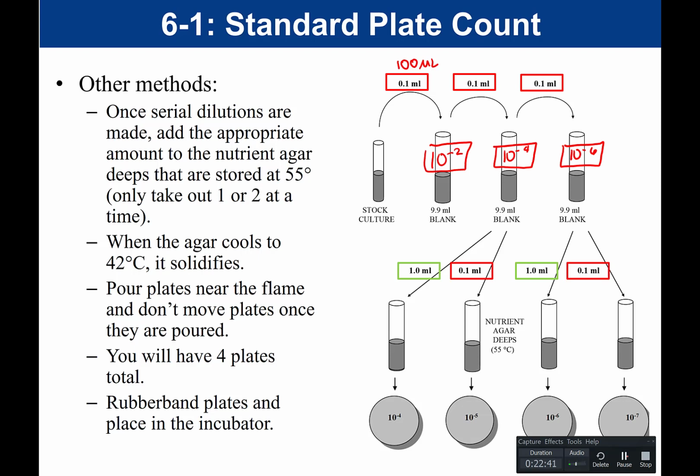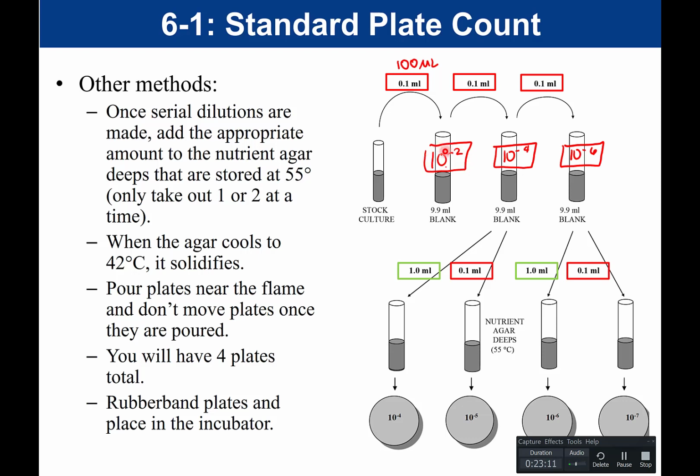We would vortex to mix the stock culture, and then we would use our micropipettor to transfer 100 microliters into a blank that contains 9.9 milliliters of water. Remember that that's going to make the dilution in that tube 10 to the negative 2.